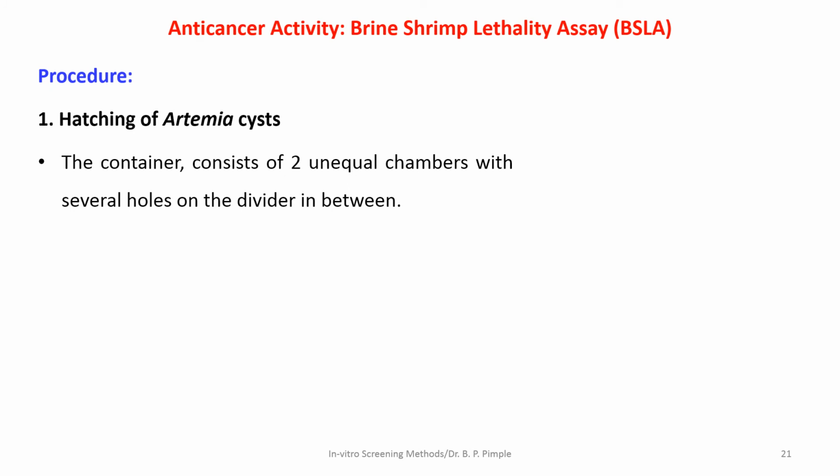Now we'll see what is the exact favorable environment. We need to take a shallow container which should consist of around two unequal chambers. These two unequal chambers should be separated with a separator that has fine holes in it.